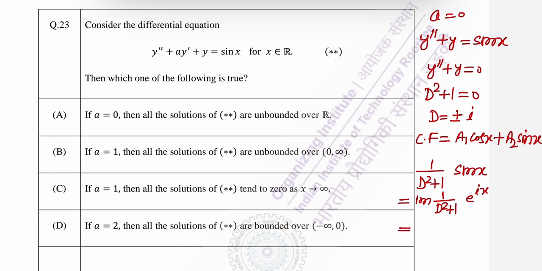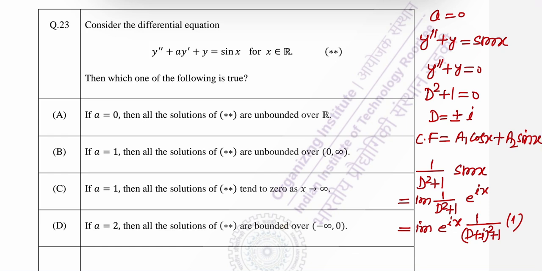So here, the imaginary part of e to the power ix, and here D plus i whole square plus 1, here will be 1, and thereafter.